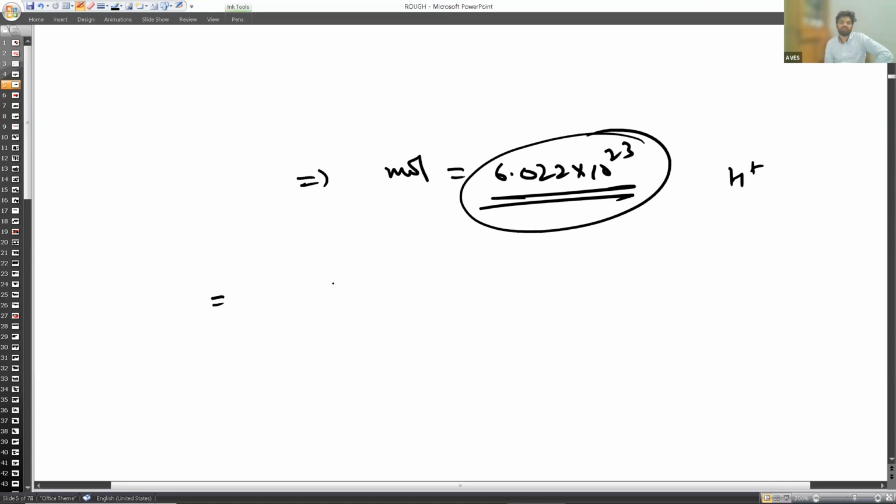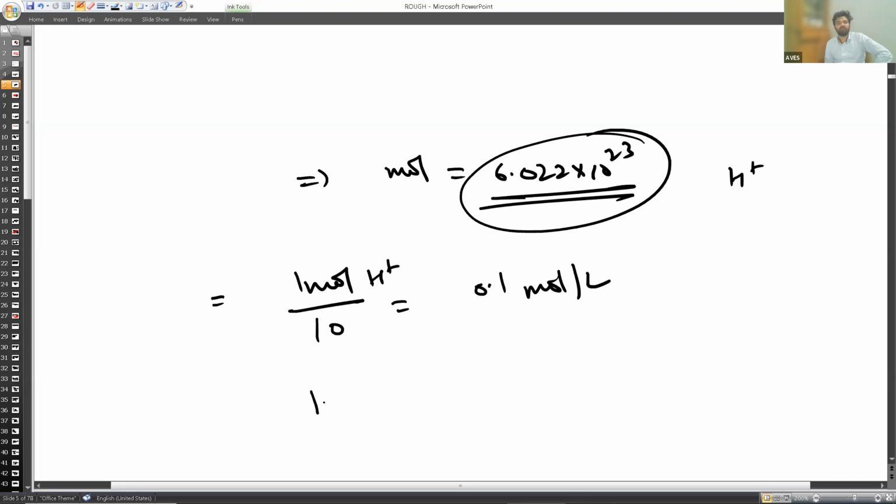So, for example, if you have 1 mole of H plus ion in 10 liter of solution, what will the concentration of H plus ion be? Tell me. Its concentration will be 0.1 mole per liter.